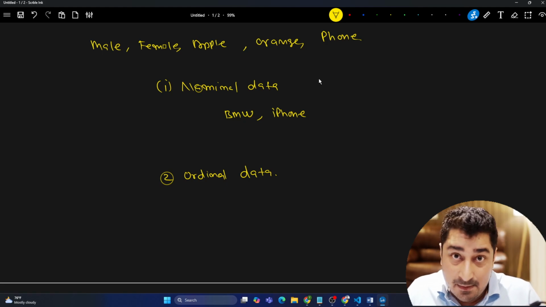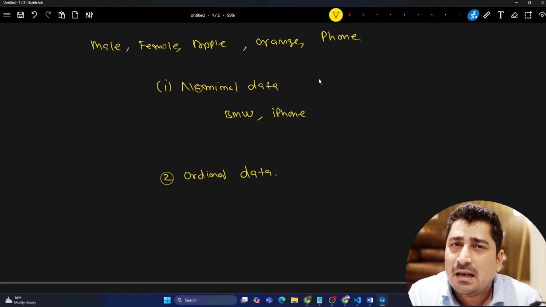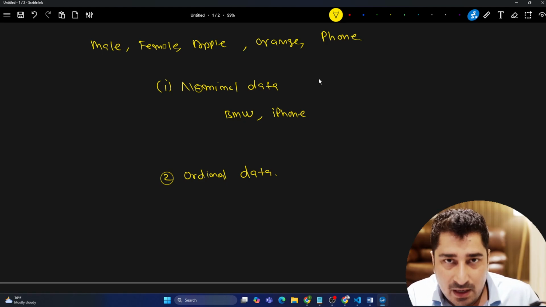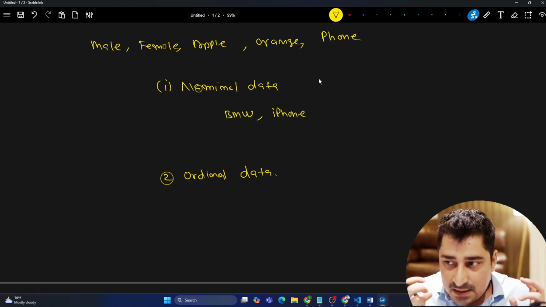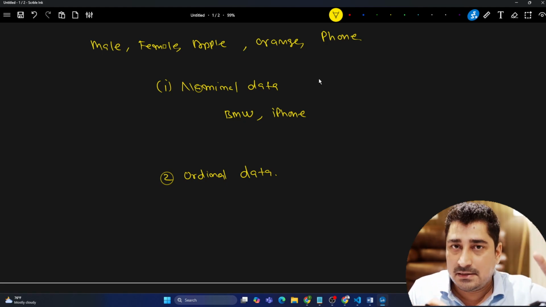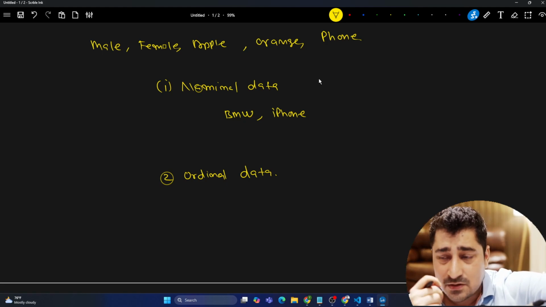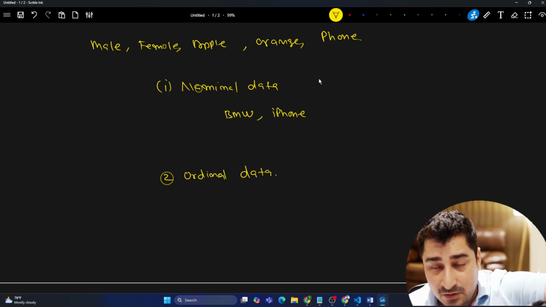Even company-wise, product-based companies, a startup, MNCs, all of these things are what? A nominal, right? A name. Just by taking the name of an MNC, I will be able to understand a certain property of the data. Just by taking the name of product-based companies, I will be able to understand certain things. Just by taking the name of a startup, maybe one of the most unstable ones, I will be able to understand some of the properties of this particular data. So that is basically called nominal data.